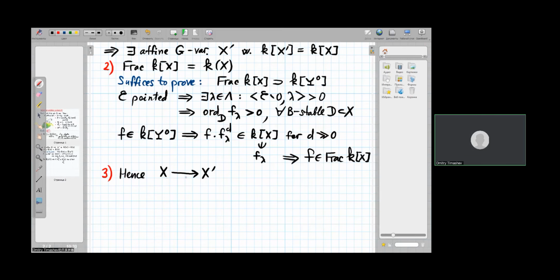This means that this map is a G-equivariant birational isomorphism which extends the identity map on the open orbit. Because it is G-equivariant, the open orbits are isomorphic to each other, and we can identify them.